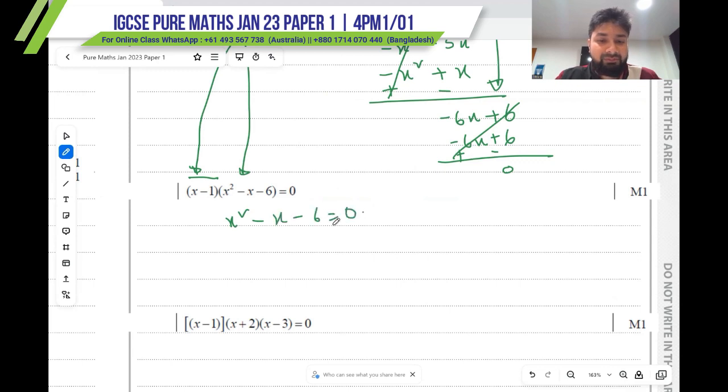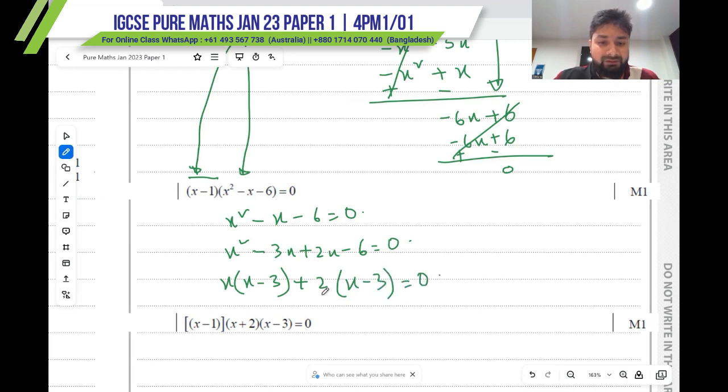So if you use the middle term over here, it will become x squared minus 3x plus 2x minus 6 equals 0. And then when you take x common from the first two, you get x minus 3, plus when we take 2 common from here, you get x minus 3. So you can finally write x plus 2 and x minus 3 as two factors over here.